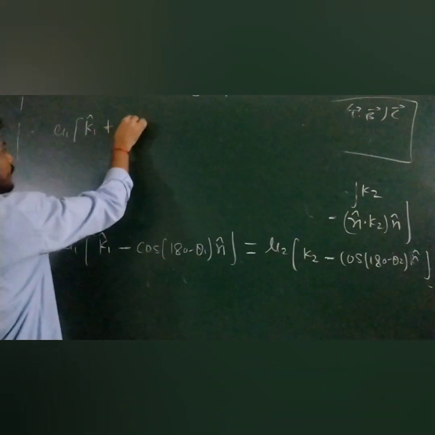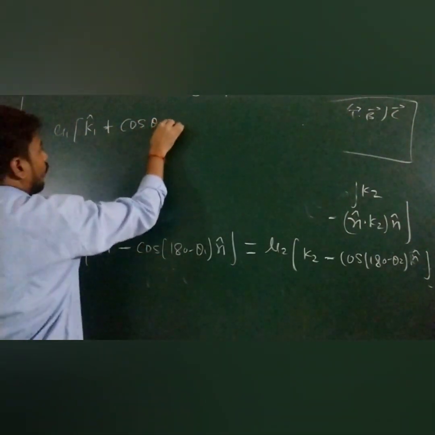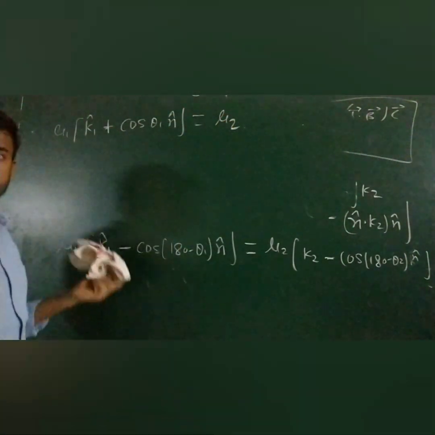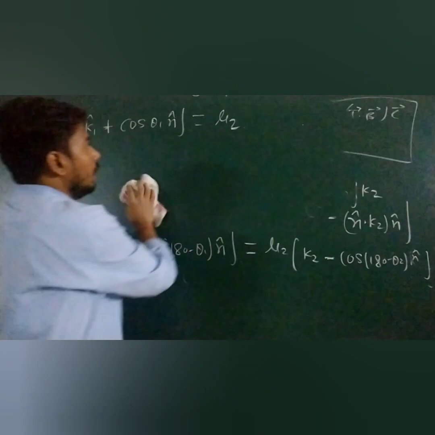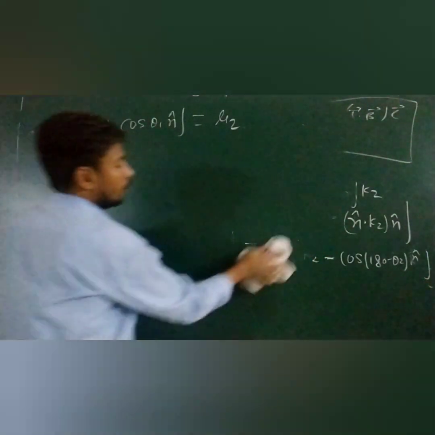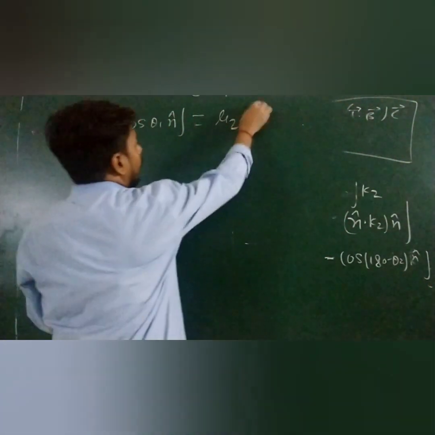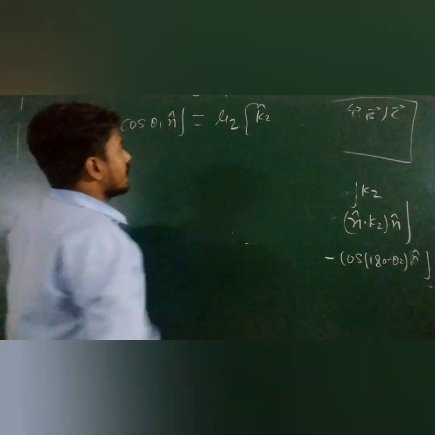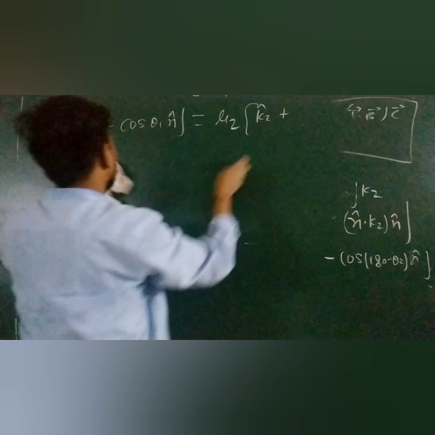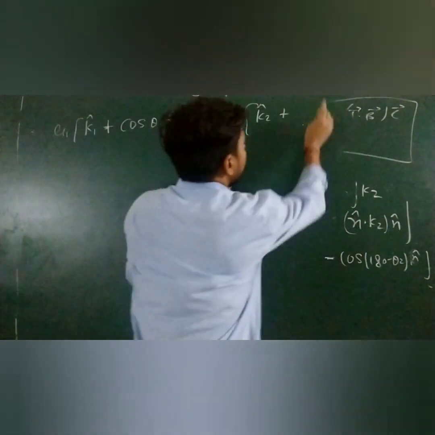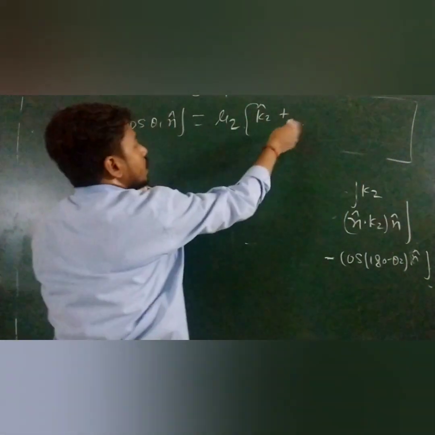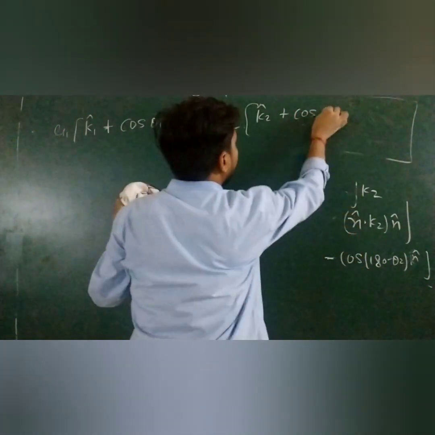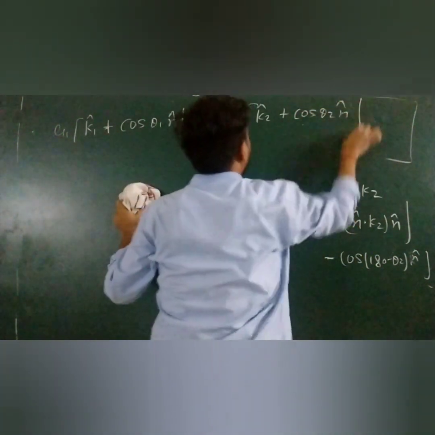So this becomes plus cos theta 1 N cap, is equal to mu2 K2 vector, and minus minus again becomes plus, so cos theta 2 N cap.